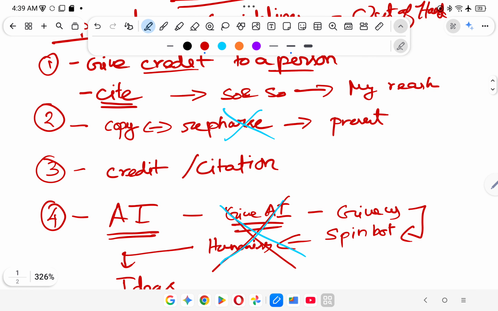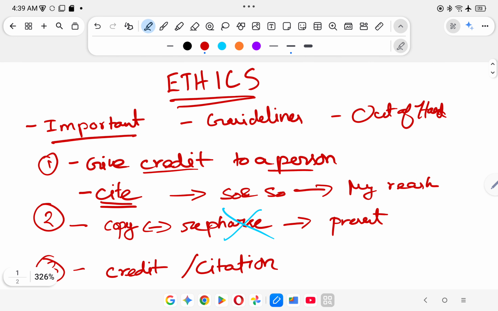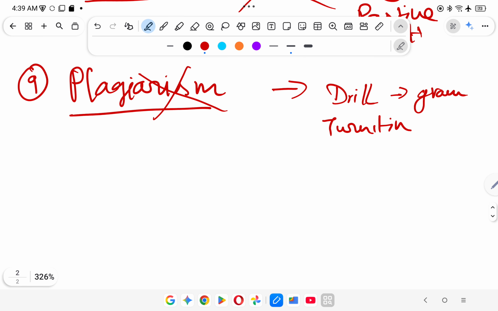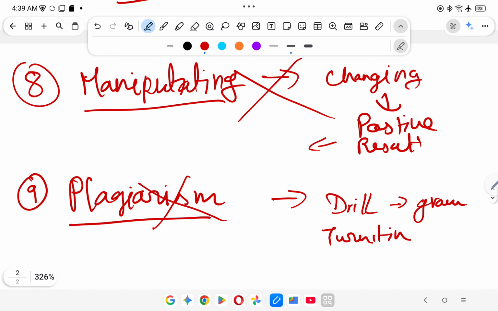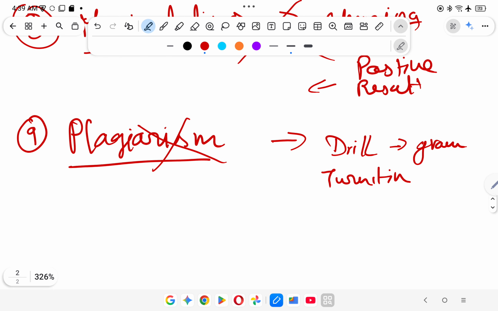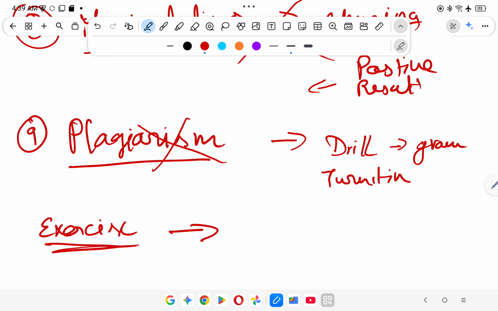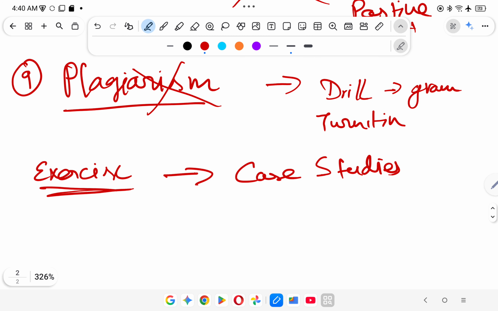So these are certain ethical rules or regulations that a person must understand when they are doing research. As an exercise, what you can do is come up with case studies which deal with ethical violations.